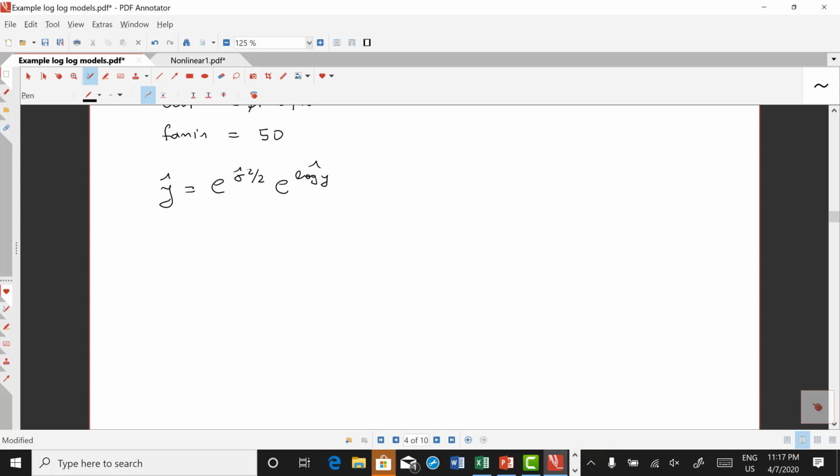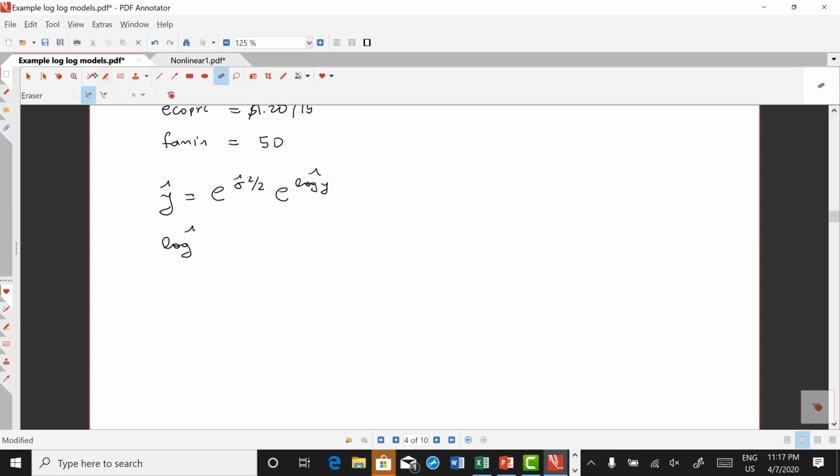Okay, so we need two elements here, the predicted value of y and also the square of the standard deviation of the regression divided by 2. That's already calculated, so we'll take it later on. So for now, let's focus on estimating the predicted value of our quantity demanded, which we call it, so this is regular price.